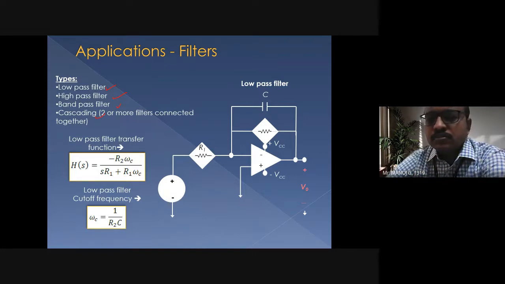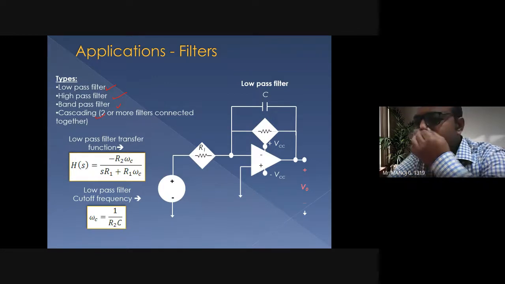Mantino, respond. What does a low pass filter do? You should have studied it. Antonio, what does a low pass filter do?